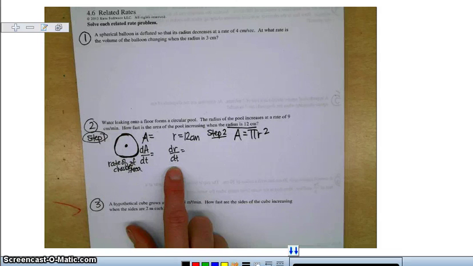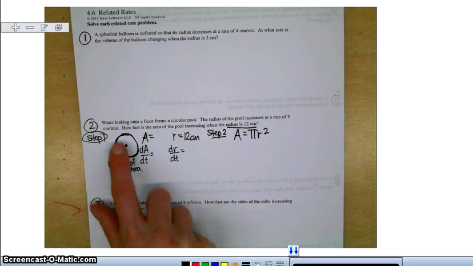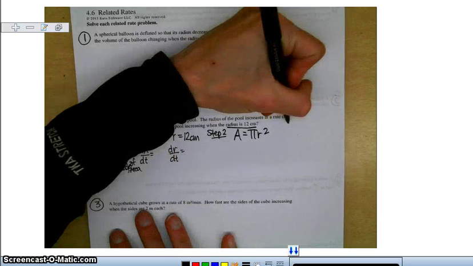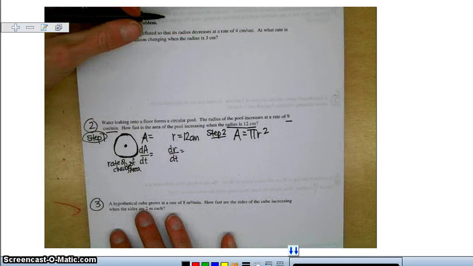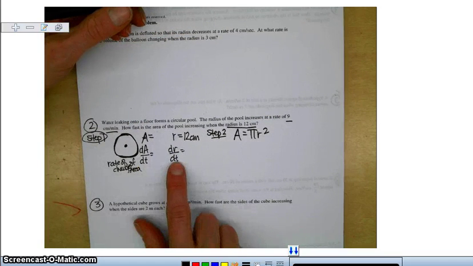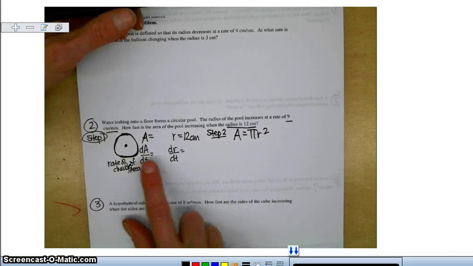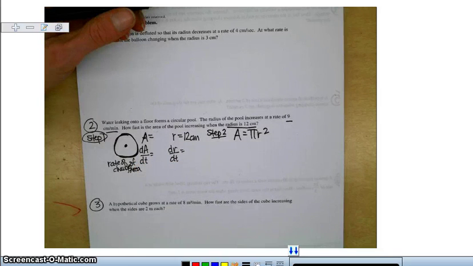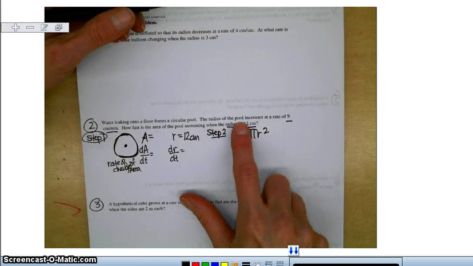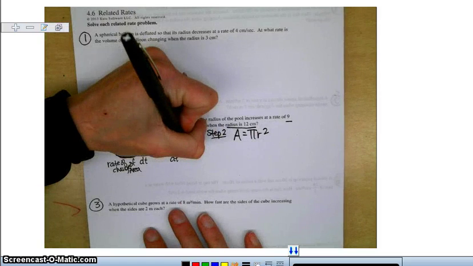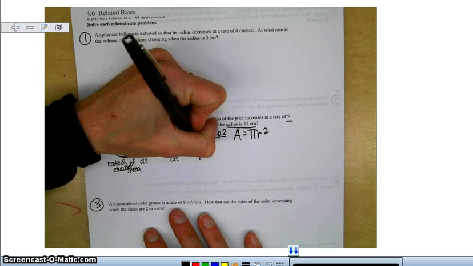So any variable that is a rate of change will have a per minute, per second, per hour. So I know that 9 centimeters per minute is a rate of change. It is one of these two. Is it the rate of change of area or radius? Radius, because it says the radius of the pool increases. So this is 9 centimeters per minute.